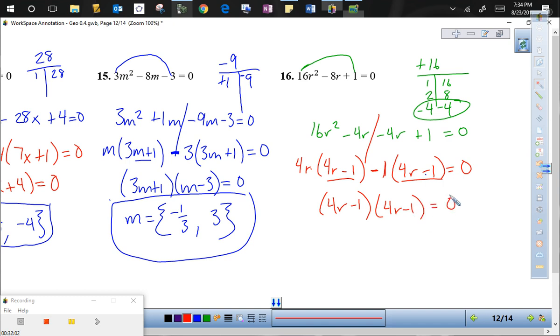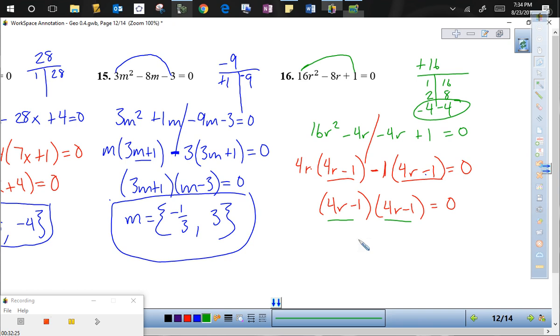Okay, this is very similar to one on the front page, or maybe it was on the back page. Okay, when we have two solutions of the same type, because if you notice, both of my parentheses are exactly the same. Okay, so we've got two of the same answers.